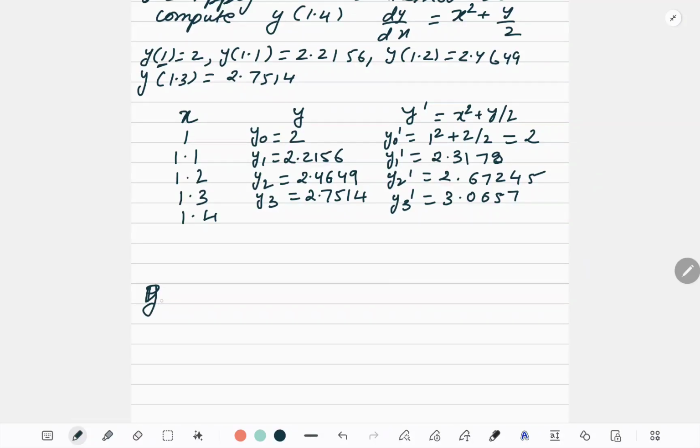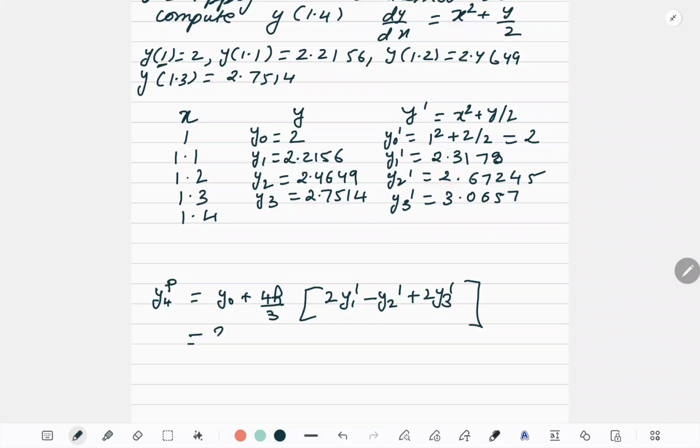So y4 predictor formula is equal to y0 plus 4h by 3 times 2y1 dash minus y2 dash plus 2y3 dash. Let me take all the values from the table. First y0 is 2. This is y0 plus 4h by 3. What is h?